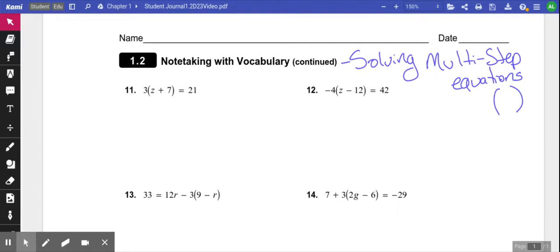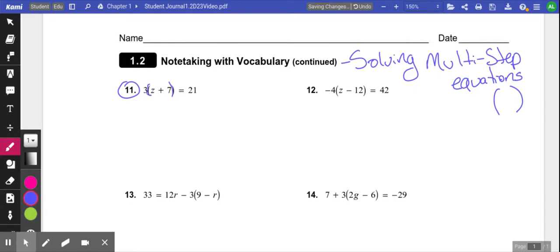So let's do number 11. Before we can solve this, we've got this 3 times z plus 7 here in the parentheses. In order for us to start solving this multi-step equation, first I have to simplify that side. Remember what we talked about yesterday.